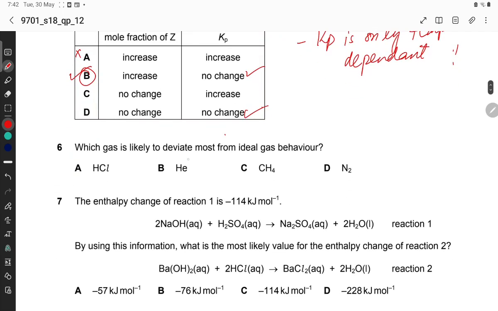Which gas is likely to deviate most from ideal gas behavior?